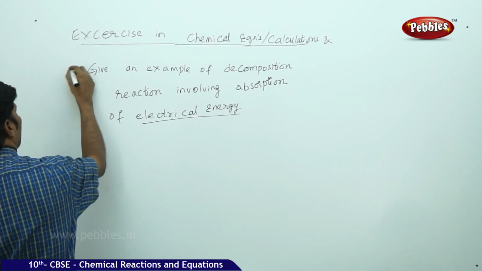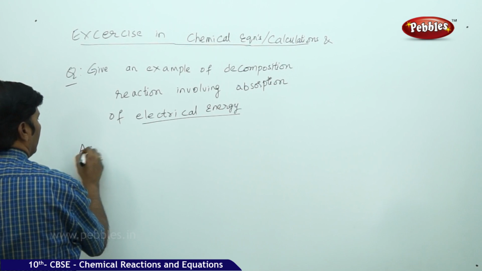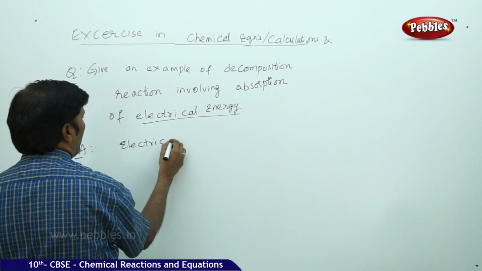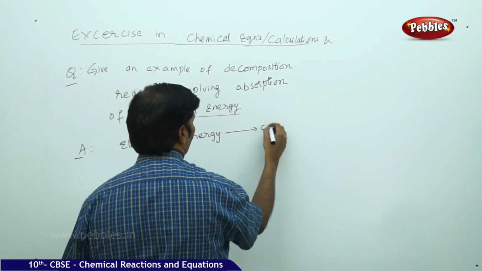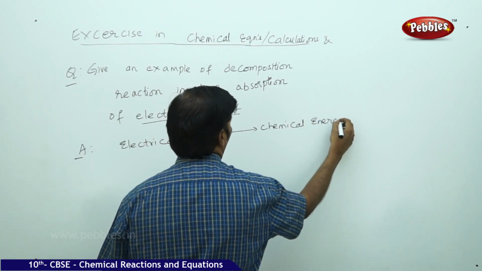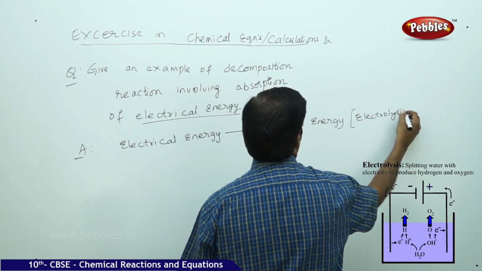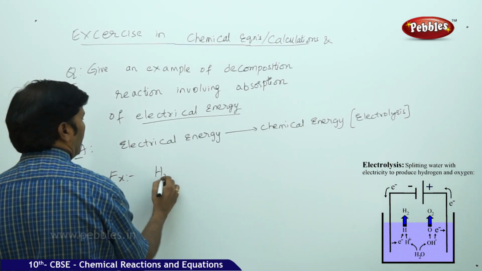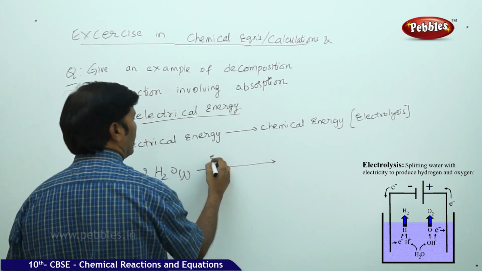So here, the answer for this is, if the electrical energy is converted to chemical energy, the process we call it as electrolysis. Example, you can take water, liquid, 2 molecules of water, subject it to electrolysis.